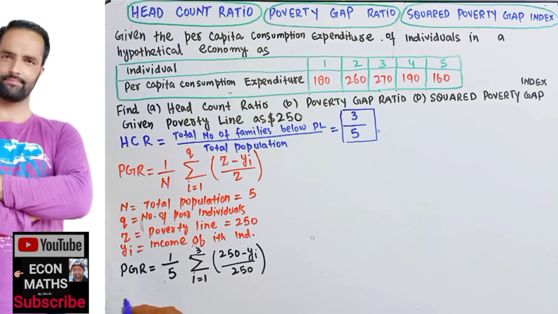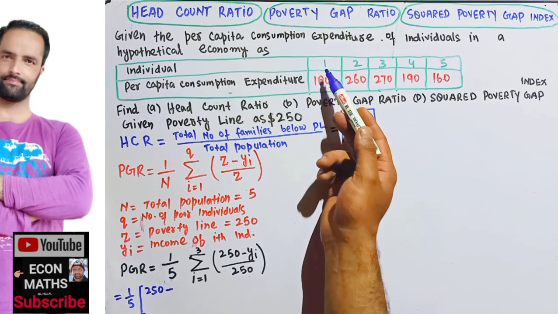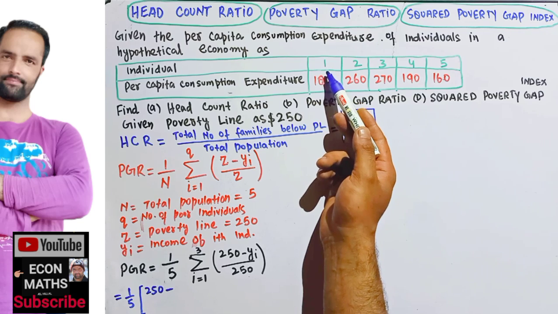So it will be equal to 1 upon 5. When i is equal to 1, let's write it in this fashion. First we have 250 minus yi, the income of the first individual that is below the poverty line, that is 180.